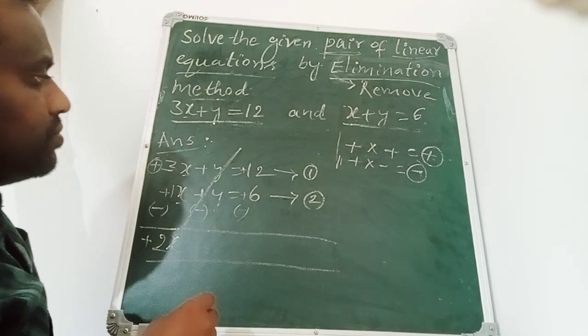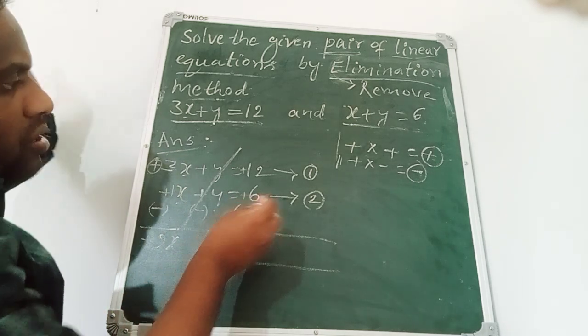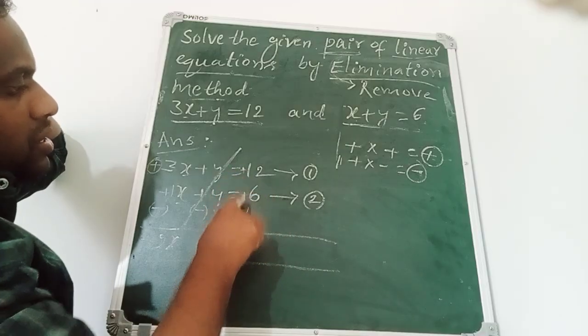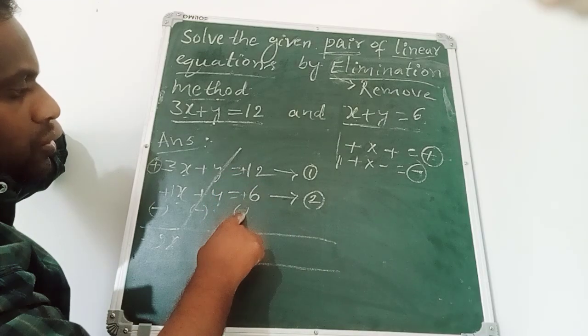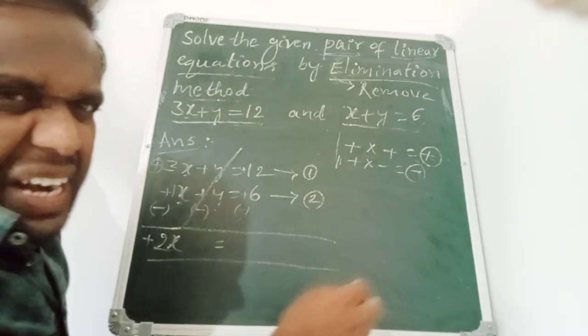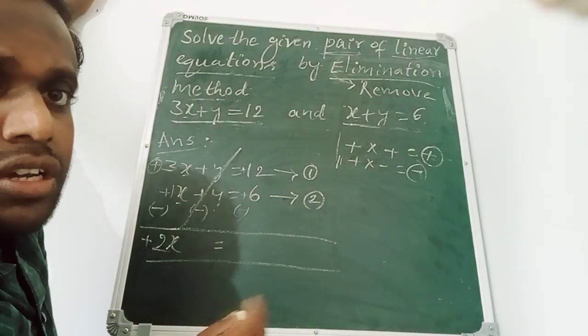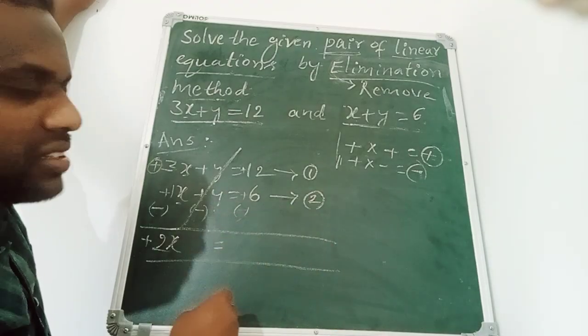We are eliminating this variable, so we have eliminated. That is done. Next, you write the equal sign here. Next consider the signs, plus minus, so plus into minus is minus, so minus means what? Subtraction. So we have to subtract the smaller number from the bigger number.